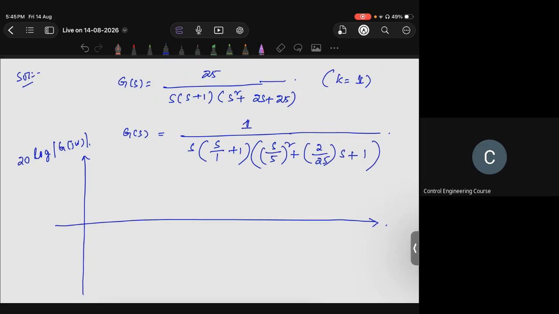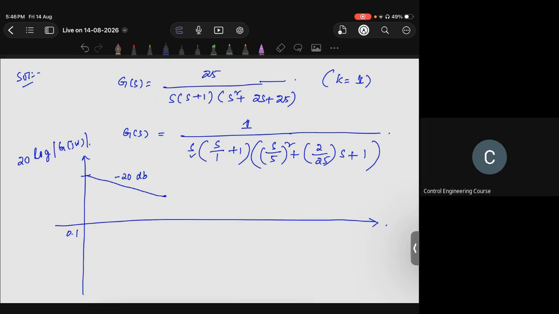How to draw the rough sketch: there are no zeros here, and the DC value is just 1. Let us start at some point, let's say at the point 1. The approximate curve would be like this with this pole, so we'll get minus 20 dB per decade. Am I correct?